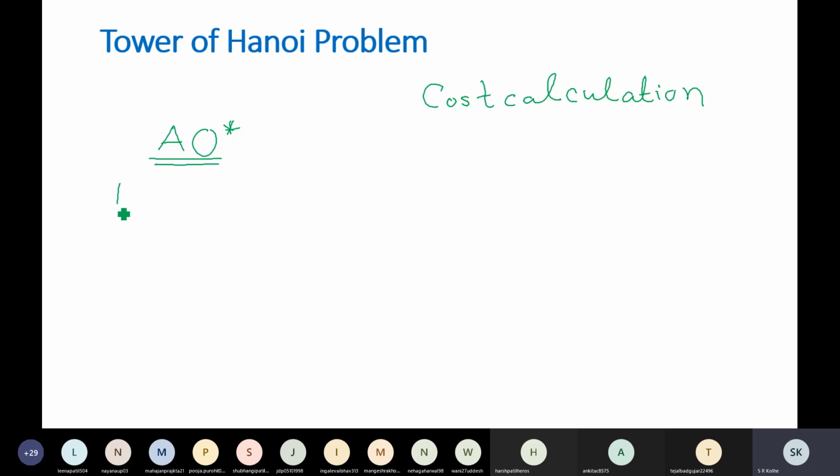So in AO star search we have the main algorithm. This main algorithm is as that of your best first search algorithm. Only the change is, in this algorithm you are going to call the cost calculation algorithm, because that is different from our previous algorithms, if you compare them with A star or best first search kind of algorithm.